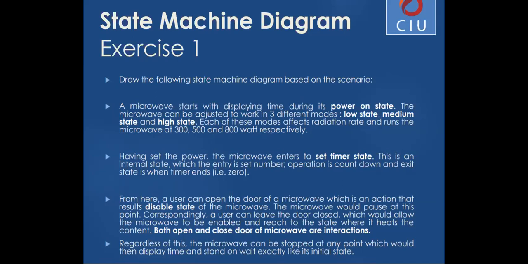The microwave can be adjusted to work in different modes: the low state, the medium state, and the high state. As you can see from this definition, it is possible from the very beginning that the microwave can change between three different states.